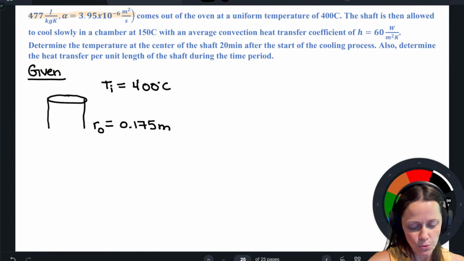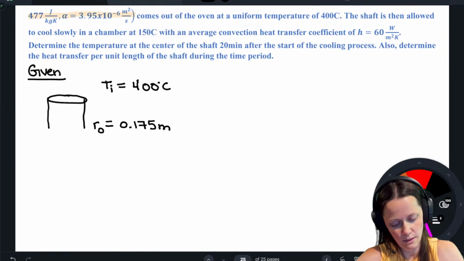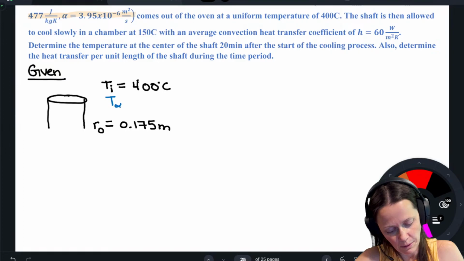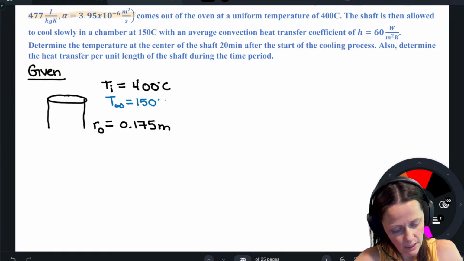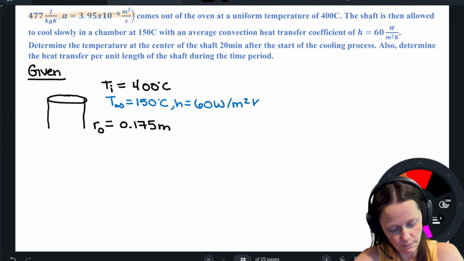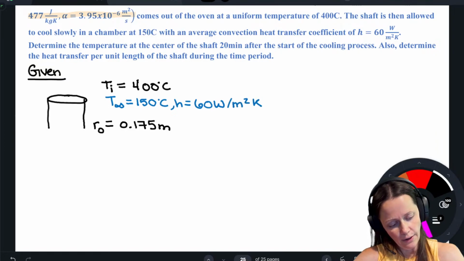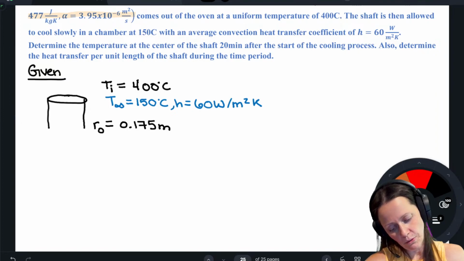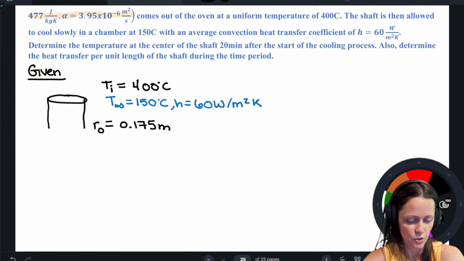Then it's allowed to cool slowly in an environment that is at 150 degrees Celsius, with an average convection heat transfer coefficient of 60 watts per meter squared Kelvin. Then we want to find the temperature at the center of the shaft 20 minutes after the start.